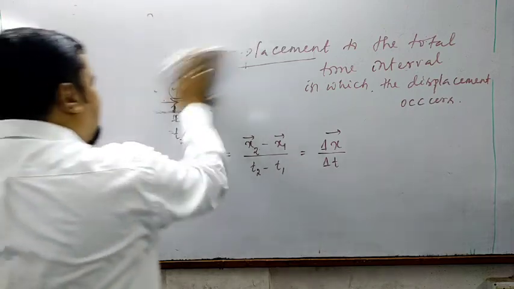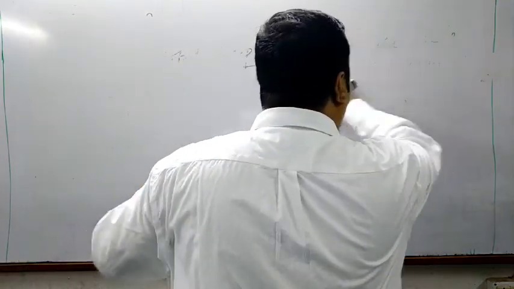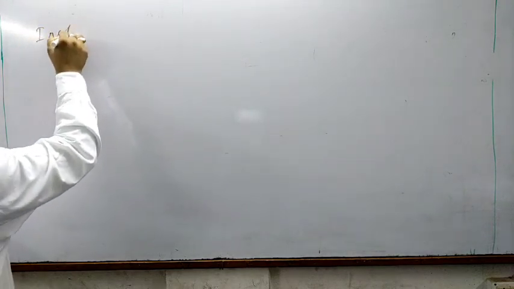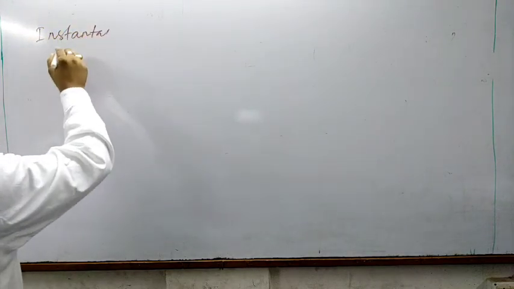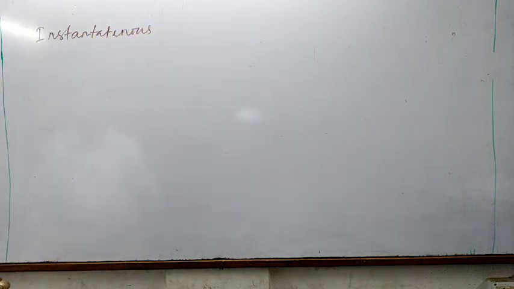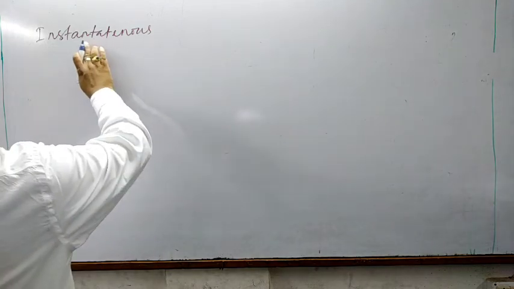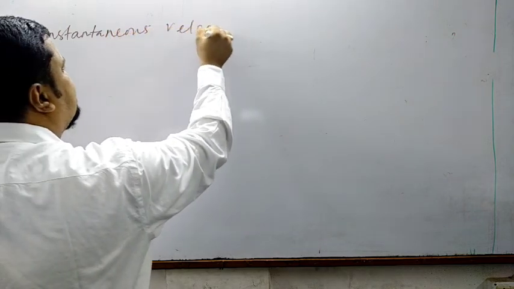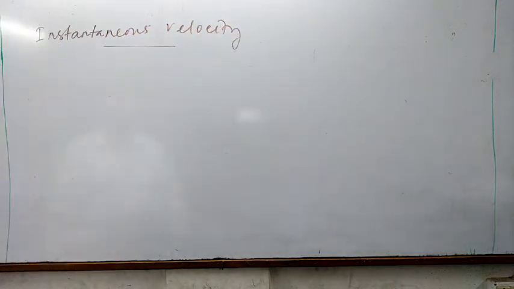Instantaneous velocity means the velocity of the body at a particular instant of time, or at a particular point, or at a particular position. Okay. So next is your instantaneous velocity. What is this instantaneous velocity?